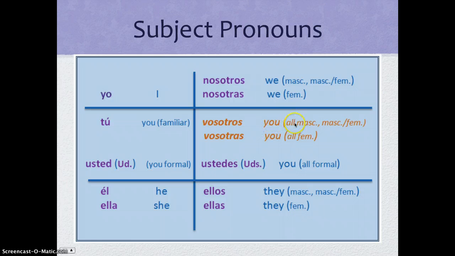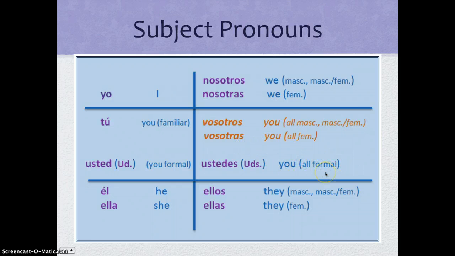Now, to say you all, and you're referring to a masculine group, or a masculine and feminine group, you say vosotros. To say you all, and you're referring to a feminine group, you say vosotras.